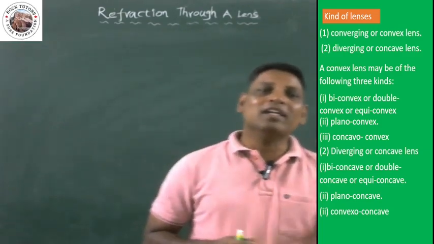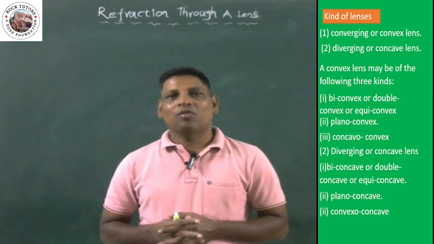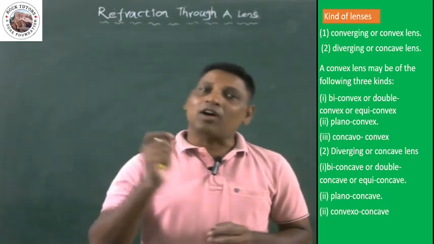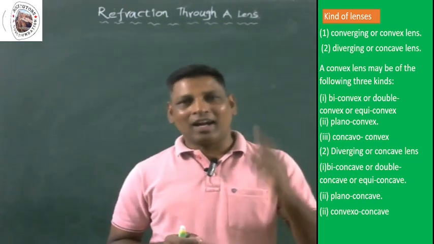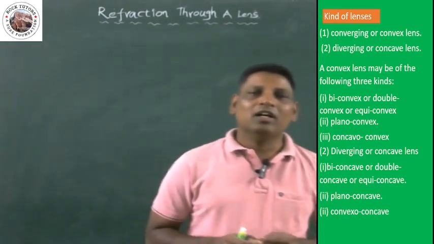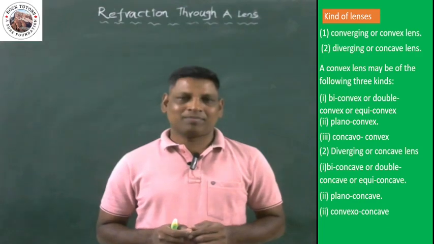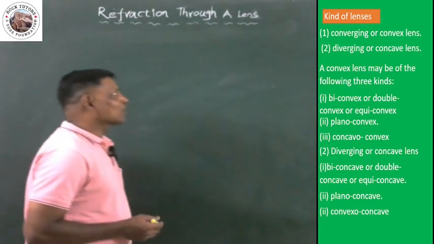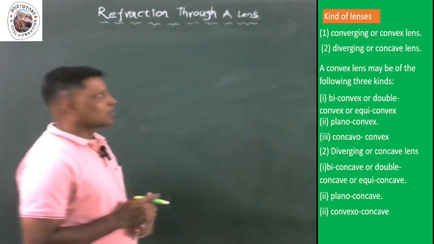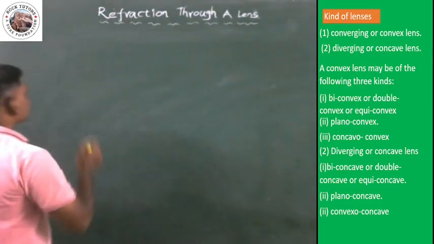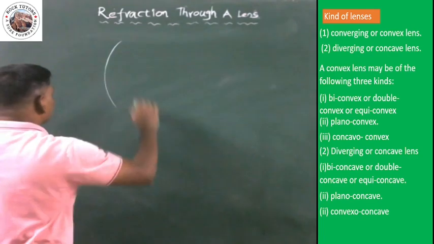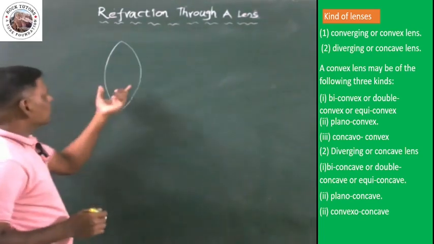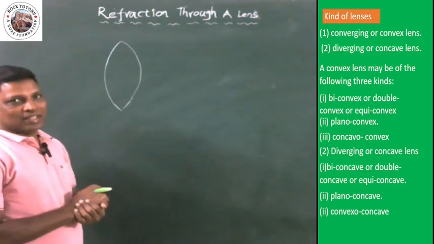Lenses are mainly 2 kinds. One is the converging or convex lens. Another one is the diverging or concave lens. We'll see what is meant by a convex lens. If you see in this diagram, this is a convex lens.